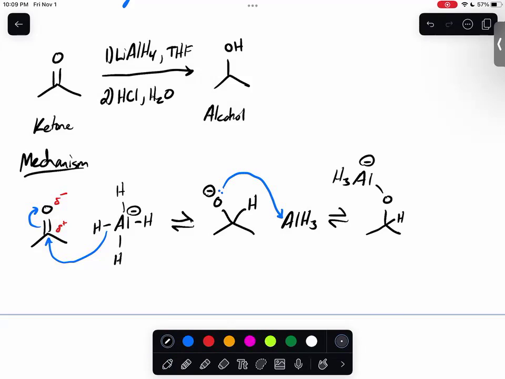So from here, this is the end of step one, right? This is the step one product. There's nothing else that we can really do from this point because we've already taken the double bond and it's already been added into. There's no more good electrophiles. So from here, what we do is we add in that HCl and water, and essentially we form hydronium as an acid.